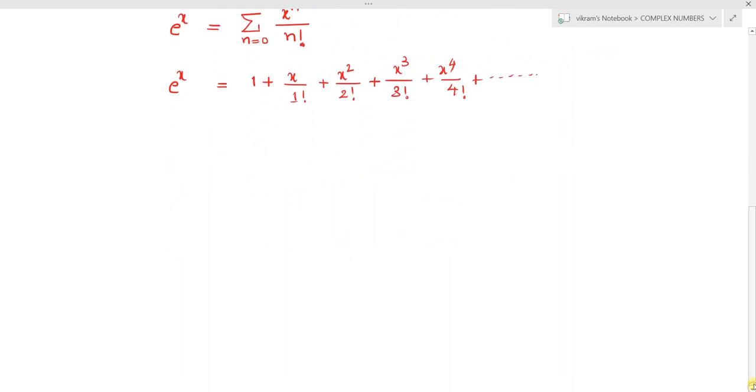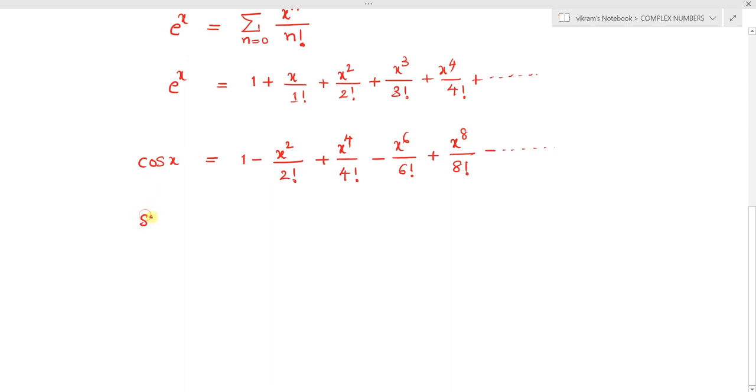From the series concept itself, the series of cos x can be written as 1 minus x square by 2 factorial plus x power 4 by 4 factorial minus x power 6 by 6 factorial plus x power 8 by 8 factorial and so on, with alternating plus and minus signs, in even powers.